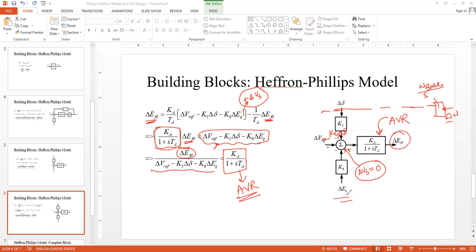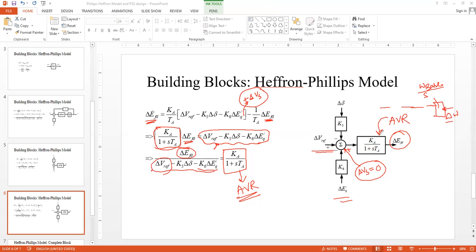So del Eq prime multiplied by K6, this is this block. K5 del delta, this is already here. So at the top, you are getting K5 del delta with a minus input. At the bottom, you are getting K6 del Eq dash with a minus input. And the third input to the summing junction is del Vref.